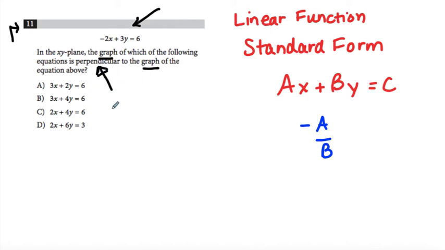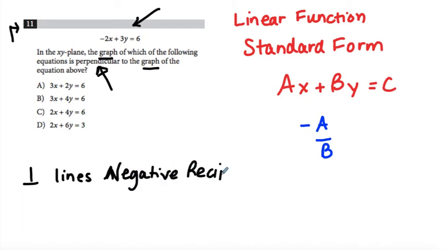If it's a line, I know that perpendicular lines have negative reciprocal slopes. So that means that this one's going to have b over a as its slope. If this is negative a over b, then the reciprocal slope would have to be b over a.